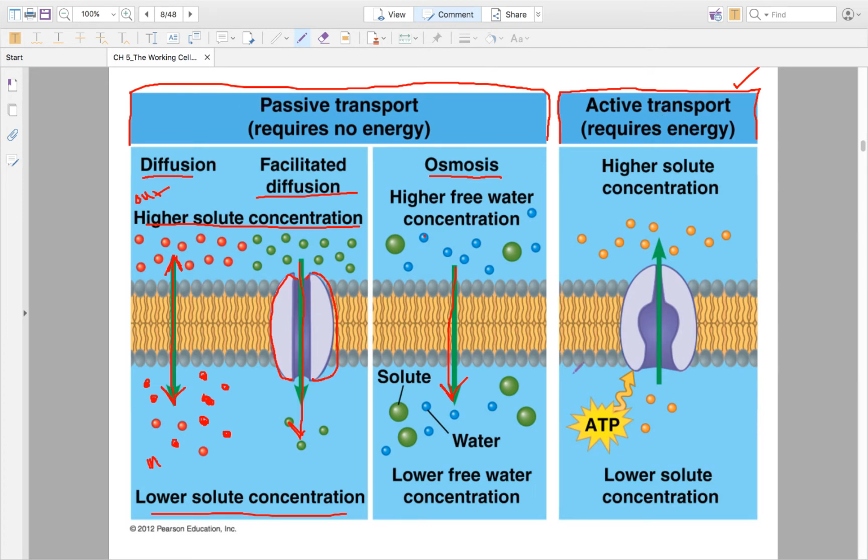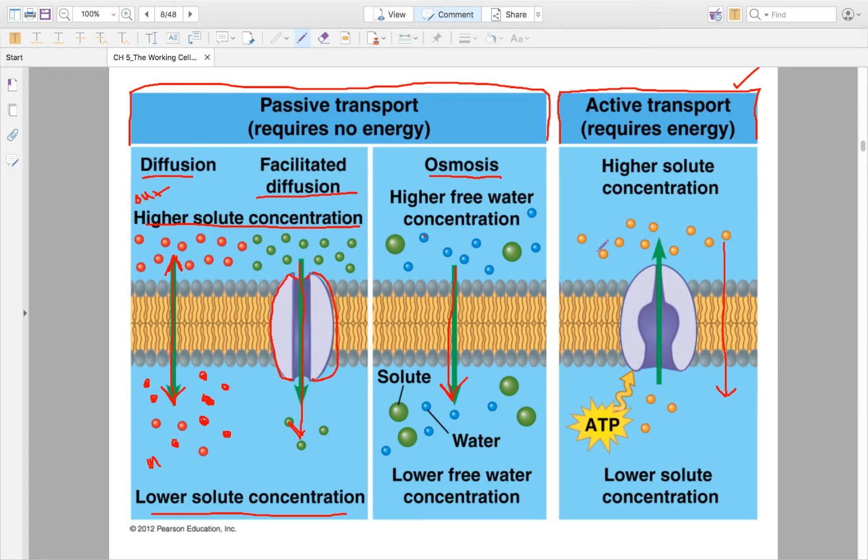Now, what if we want to move something against its concentration gradient? Let's look at this picture. The laws of diffusion say that solutes will always move from a region of high concentration to low concentration. So naturally, which way would these guys move, in or out of the cell? They're supposed to move in. However, there are times where the cell doesn't want them in, for different reasons, and it's going to have to pump them out.